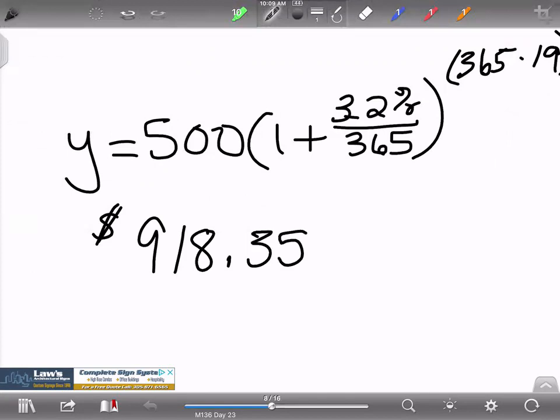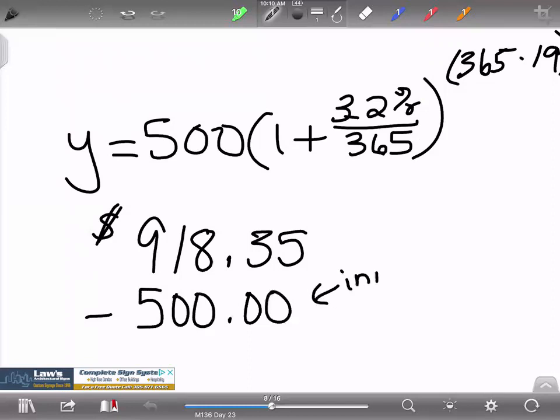Again, this is the total amount of money in the account after 19 years. We need to subtract the initial investment, $500. So this is our initial investment. That's not money that was earned. That was money that was deposited.